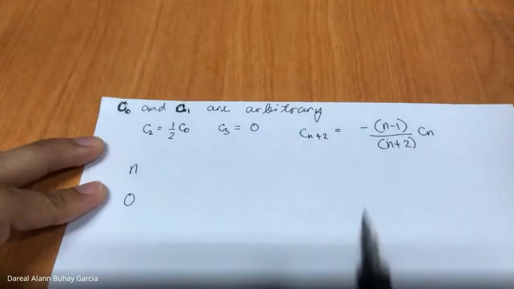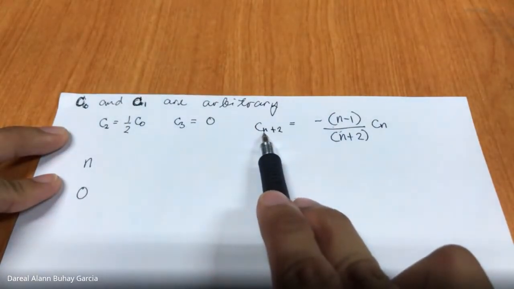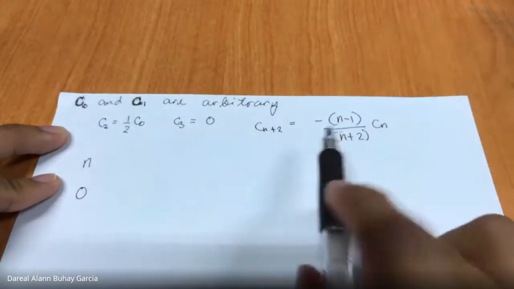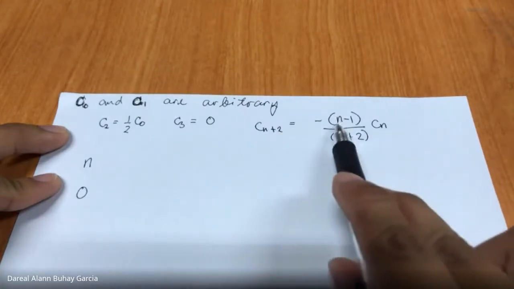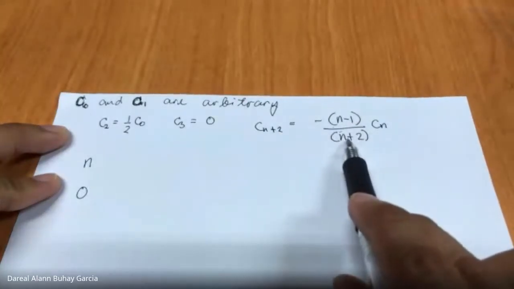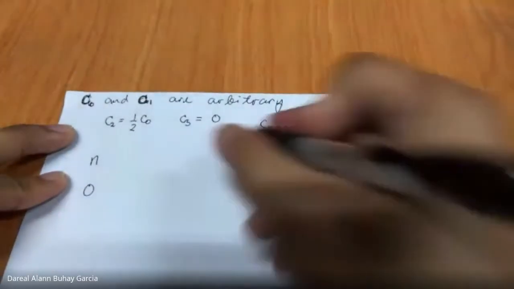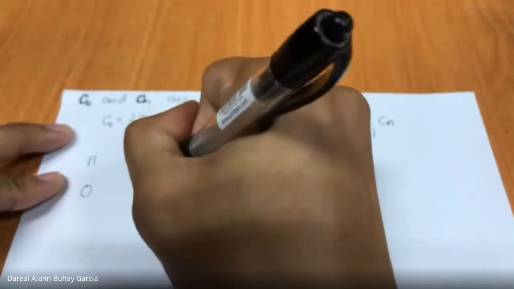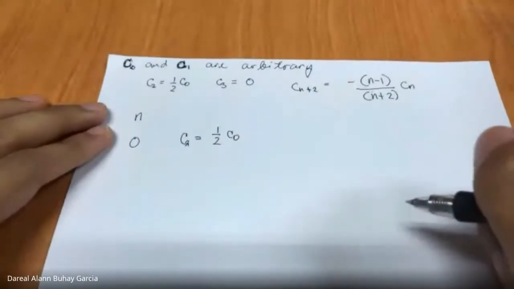If n is equal to 0, so if n is equal to 0, C2, diba? Okay. C2 is equal to positive 1 over 2, kani, no? C2 is equal to 1/2 C sub 0.